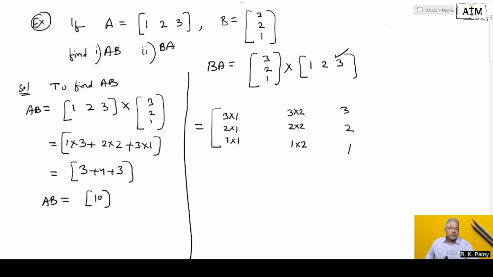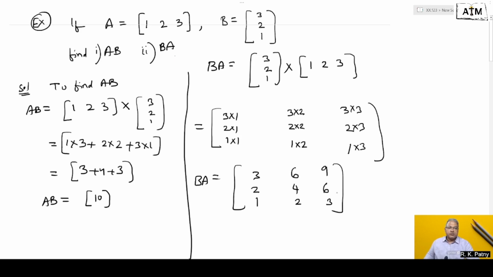What is the third element? 3. So write down 3, 3 and 3. So BA equals to 3, 2, 1, 6, 4, 2, 9, 6, 3. This is the way we get BA. BA is the result of the product of B and A, and it is a 3 by 3 matrix.